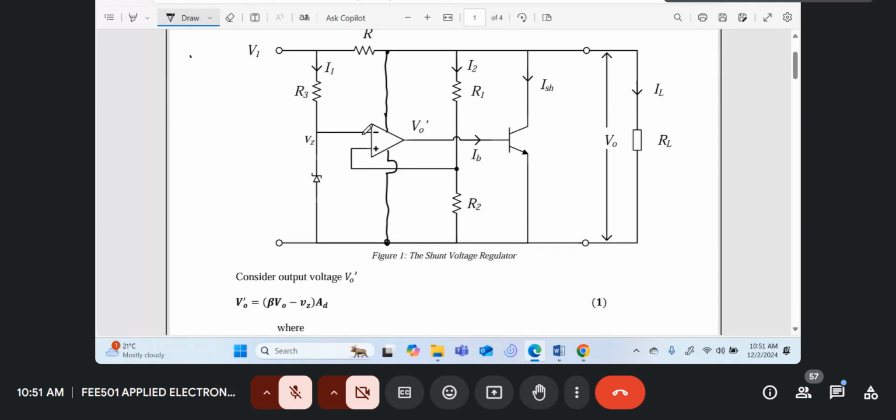But to get an IC which has been designed by a company to perform shunt regulation is very rare because of its poor efficiency. When there is no load, ISH is still flowing, and therefore the efficiency is very poor.